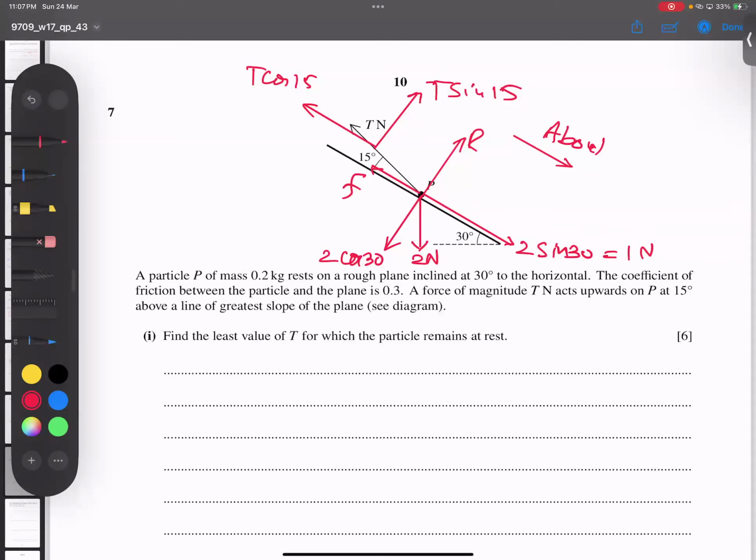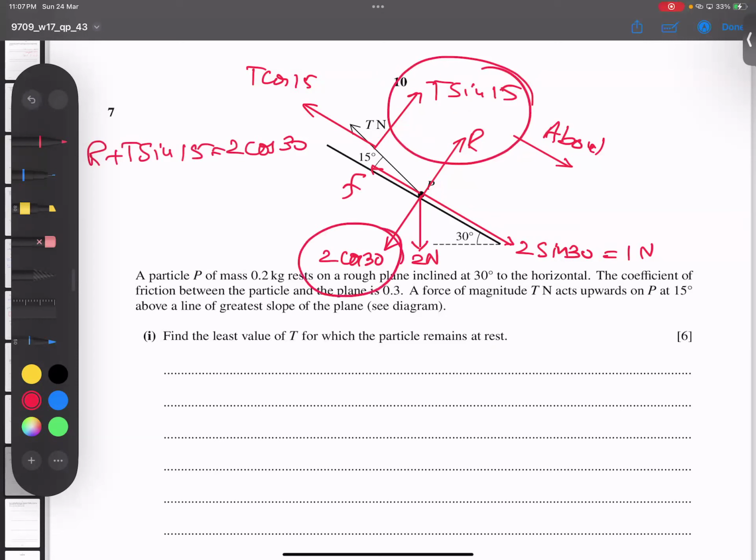First of all, I think this idea is clear. But you know, there's a 2 component. This component of the force is supportive to R, supportive. It means these 2 forces act upward, this downwards. So if I ask you what is the R, you say, sir, R plus T sine 15 equals to 2 cos 30. I repeat, this force and this force both acting upward and this acting downwards.